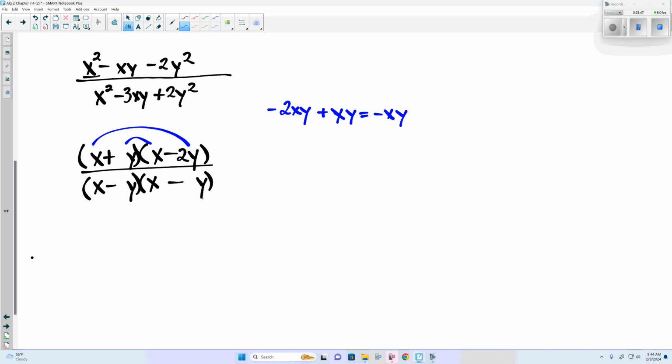Factors of 2 are 2 and 1, they would indeed. And we could check it. I'll do that off to the side. It'd be negative 2xy minus xy is negative 3xy. And yes, negative 2xy and negative 2xy would cancel, leaving us with x plus y over x minus y.